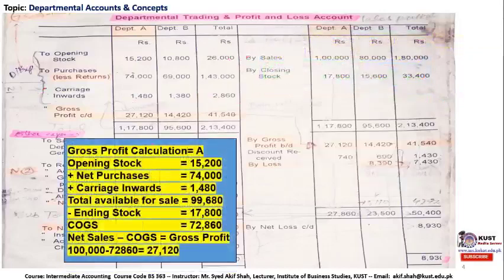Now let's discuss gross profit calculation. But before discussing gross profit, let's move towards the right hand side. Once again, we have to write Department A, Department B, and then the total column. We have to write the sales value at the top, which is 100,000 for Department A and 80,000 for Department B, and the total sales volume was 180,000 rupees.